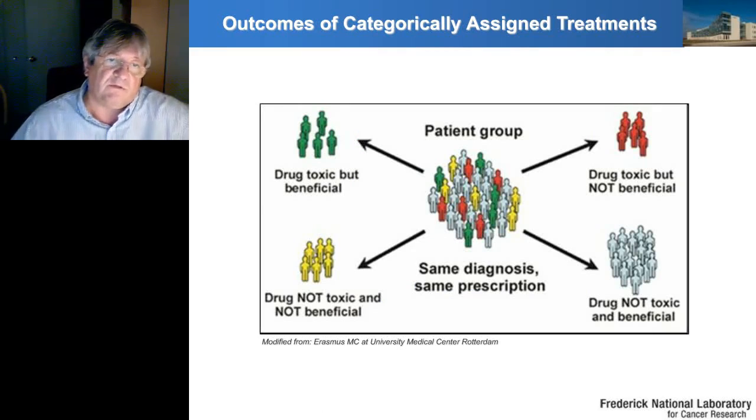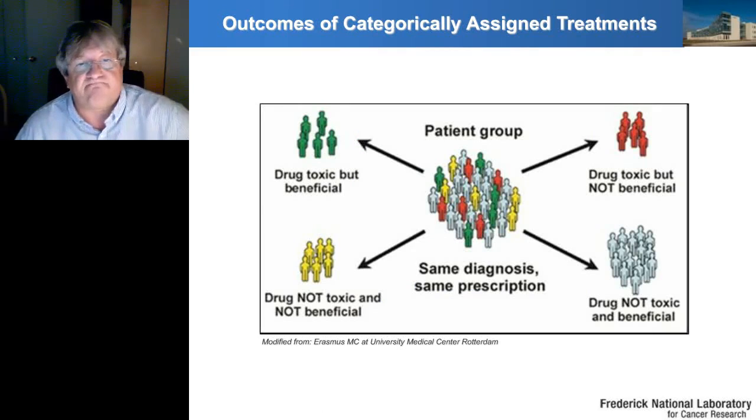So once we apply the categorically assigned treatments, the outcomes can be in 4 different ways. The drug can be toxic and not beneficial, which is the worst outcome.